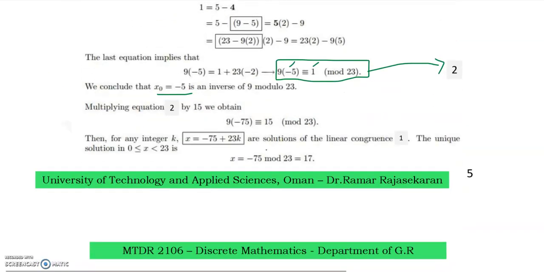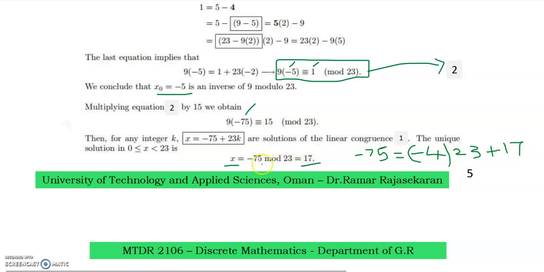For that, x is equal to this value minus 75 modulo 23. You apply modulo 23, you write the remainder. What is the remainder? That is 17. This minus 75 is equal to minus 4 multiplied by this modulo value, that is 23, plus remainder 17.